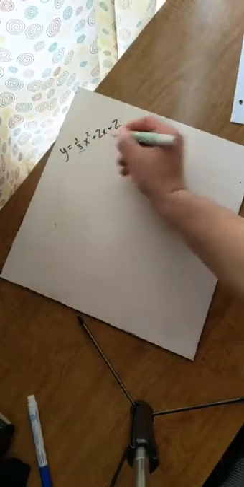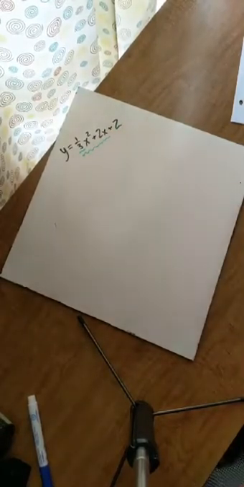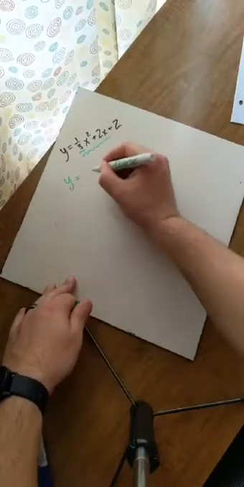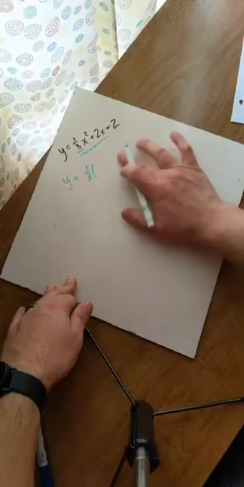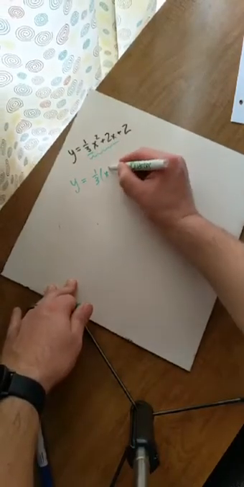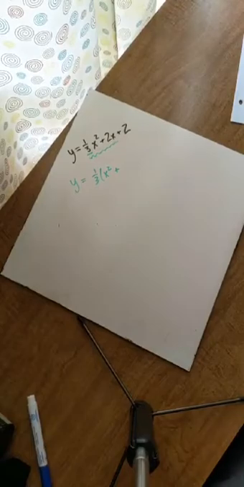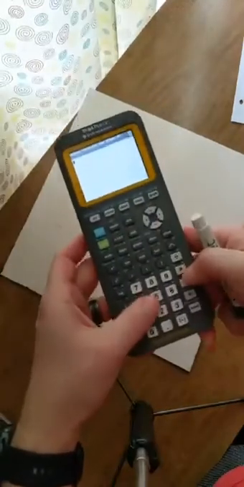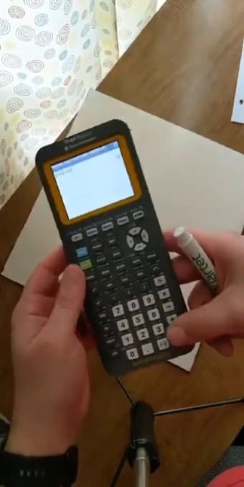What we need to do now is factor out that 1/3 from those 2 things. So we get y equals 1/3, oh, nope, not yet, x squared plus, all right, so if I take 2 and divide it by 1/3, this is where we're going to be a little careful. 2 divided by 1/3 is 6.